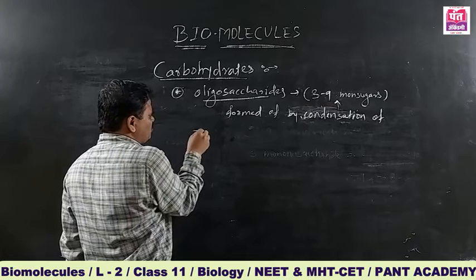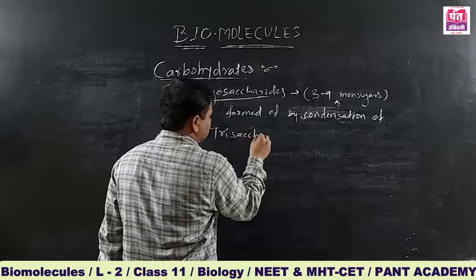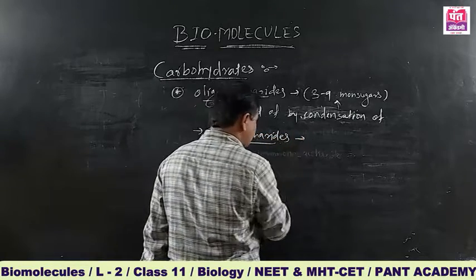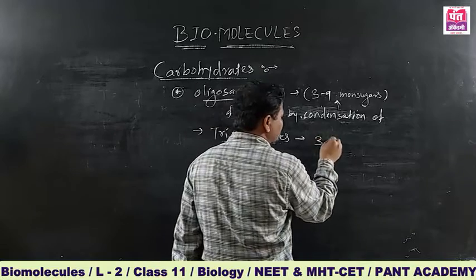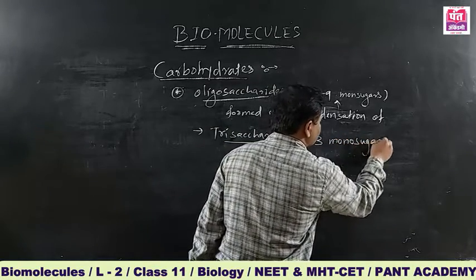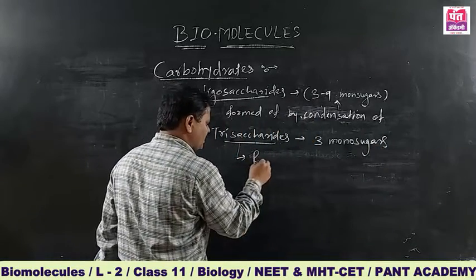So the first important one is the trisaccharide. It contains 3 monosugars. And an important example is raffinose.